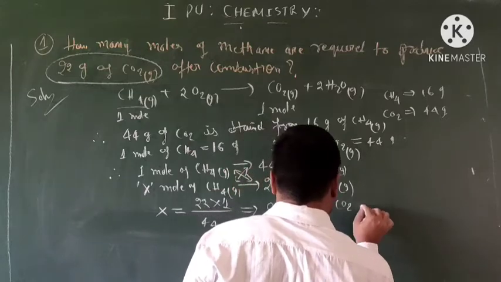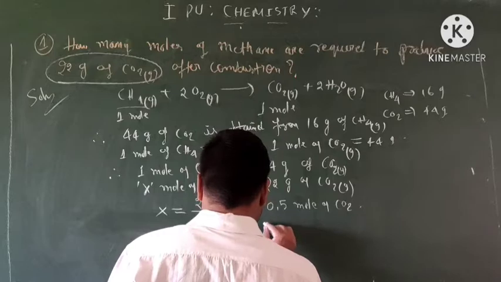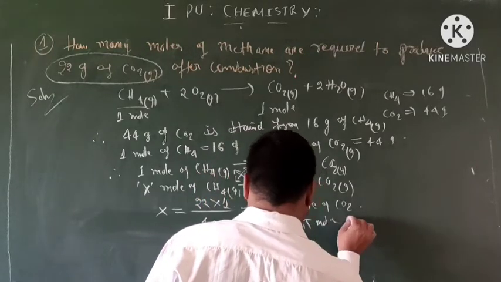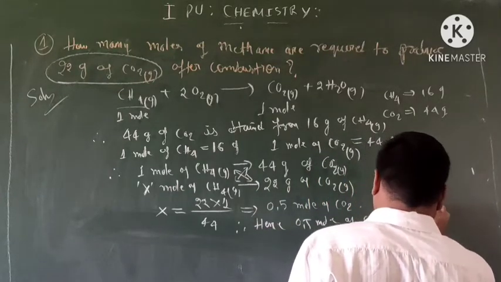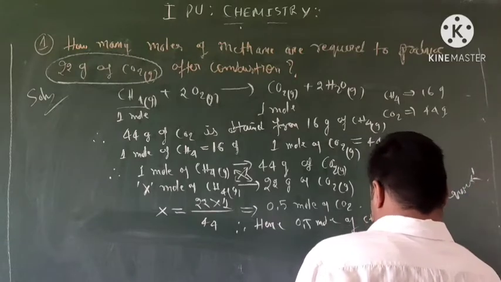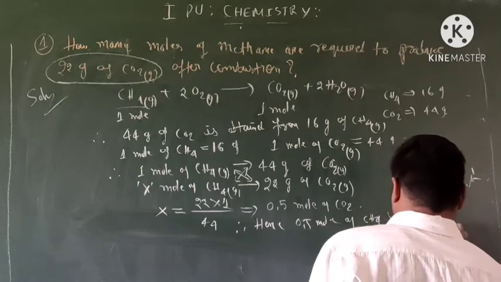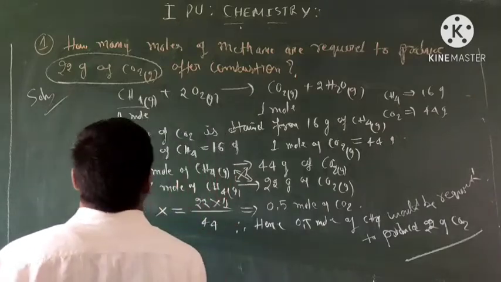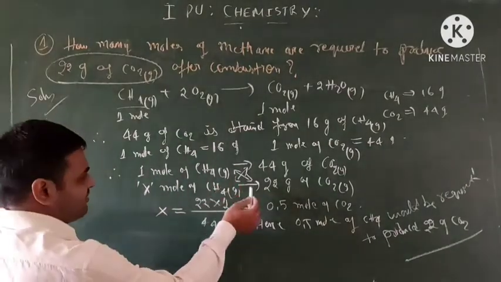Okay students, so we get 0.5 moles of methane would be required to produce 22 gram of carbon dioxide. This is a simple method of calculation: cross multiplication.